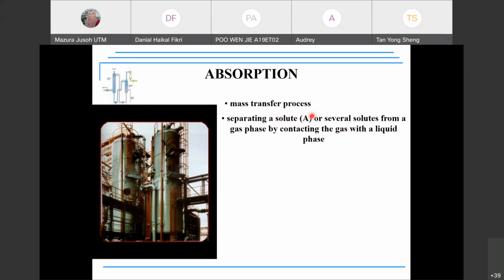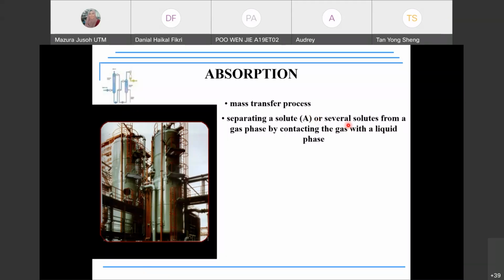So if you have a mixture of two gases or two components A and B, you can take out solute A, or component A, from the mixture by using a liquid or a solvent.